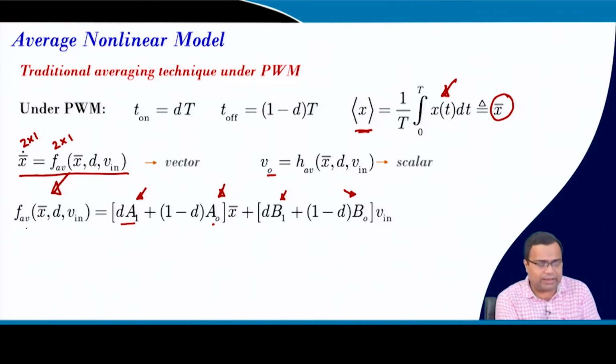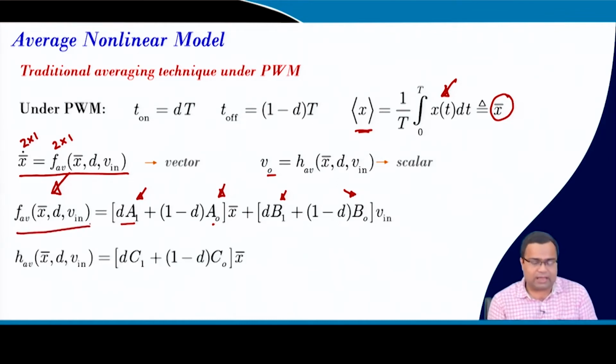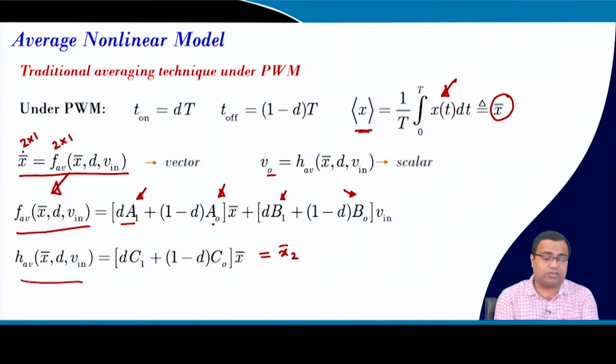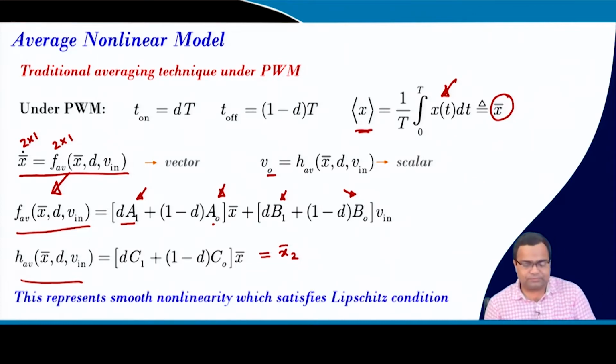By that way we can obtain this average model, and for the output voltage, for this ideal case, it will be simply x2 bar, because x2 is the instantaneous capacitor voltage, which for the ideal case is the output voltage. So you have to take the bar, because we are talking about the average model.